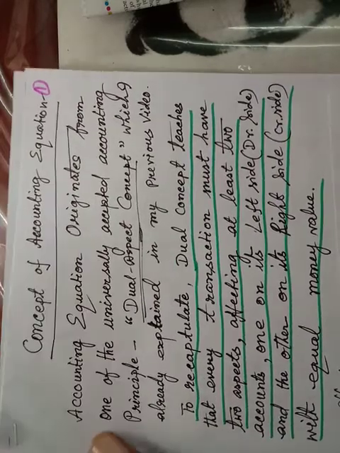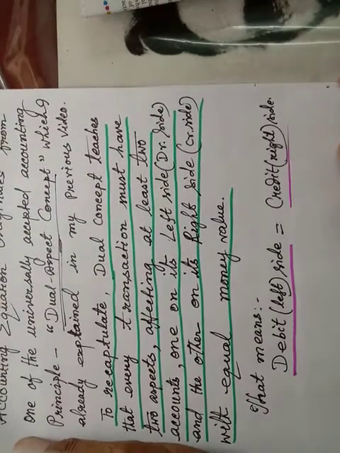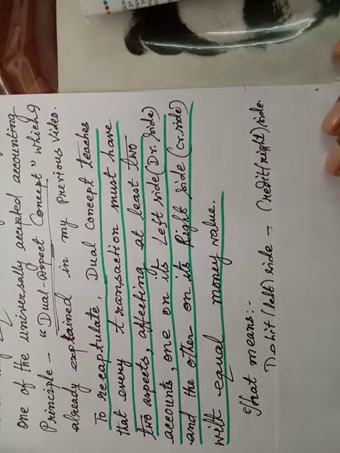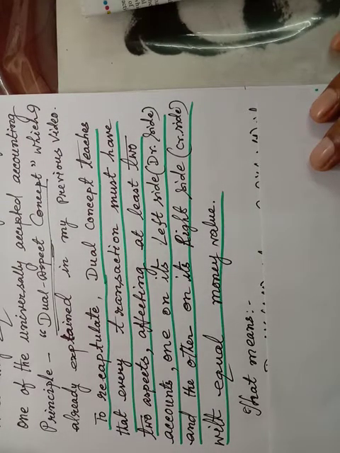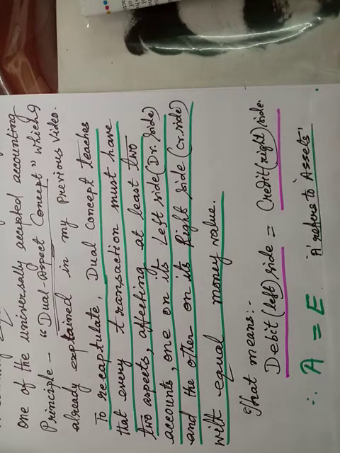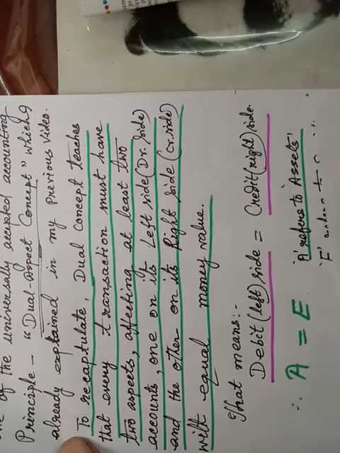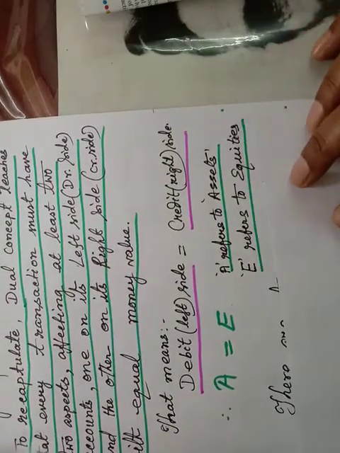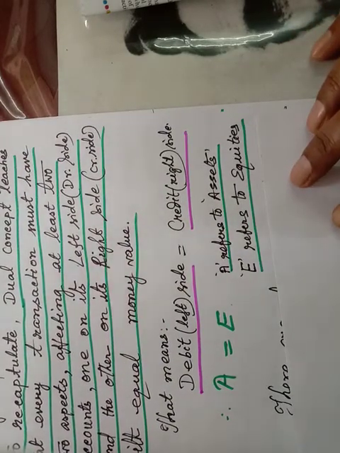Now, thus what you can say is that debit, that is left side, is equal to credit side, or A is equal to E. A refers to assets and E refers to equities.